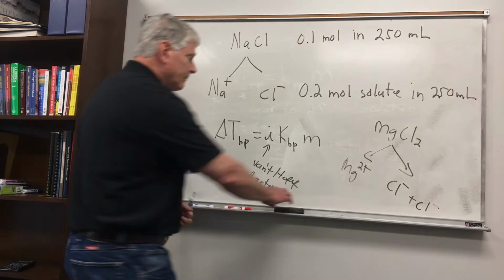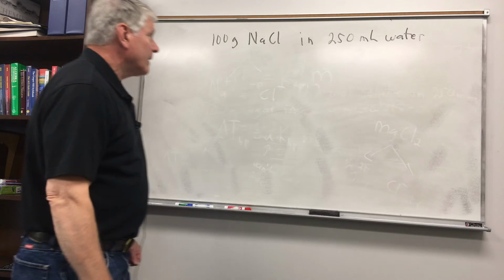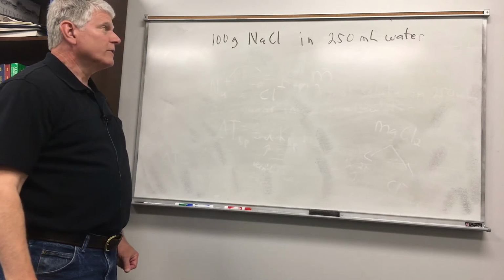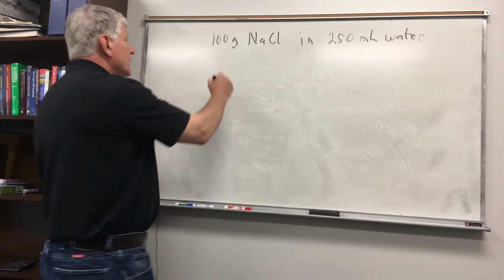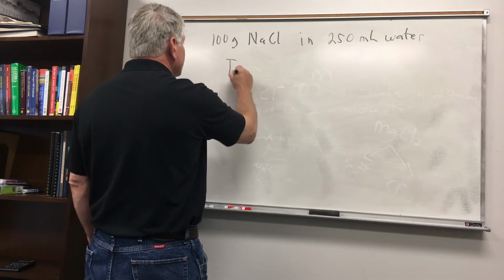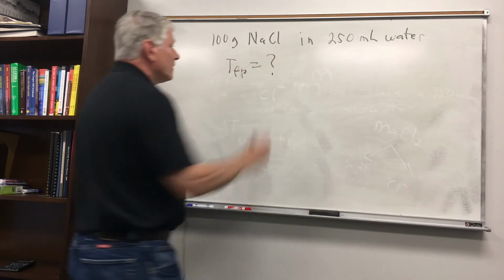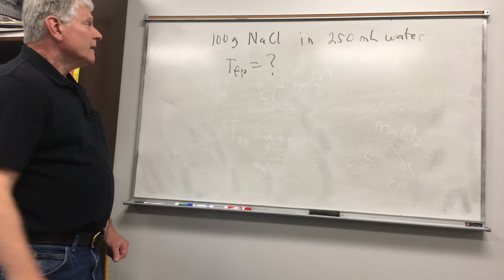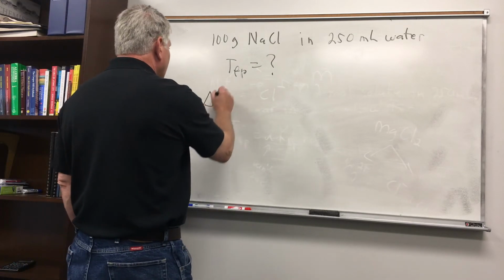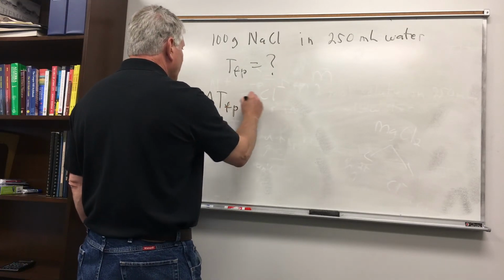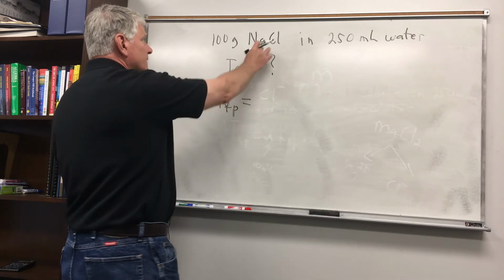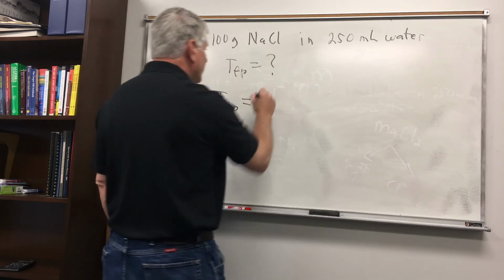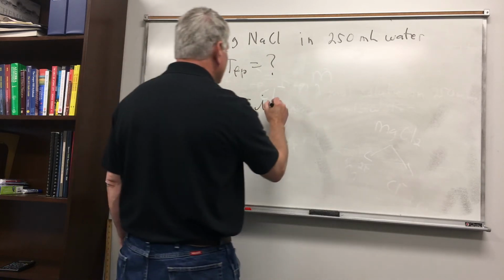So we'll do an example. Say we take 100 grams of sodium chloride and dissolve it in 250 milliliters of water, and we want to know what the freezing point of the solution is. So our freezing point depression is equal to, since this is an ionic compound, we'll use the van 't Hoff factor.